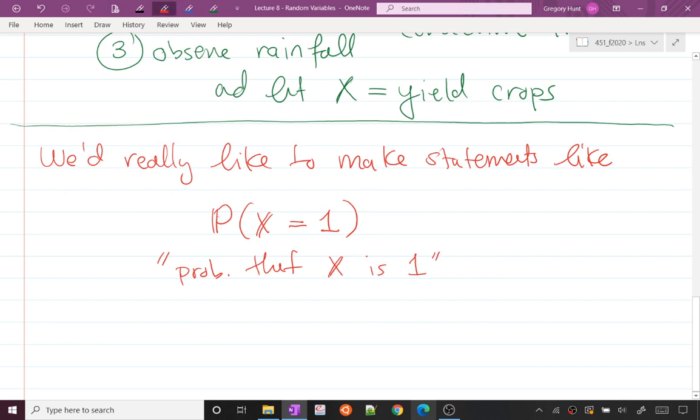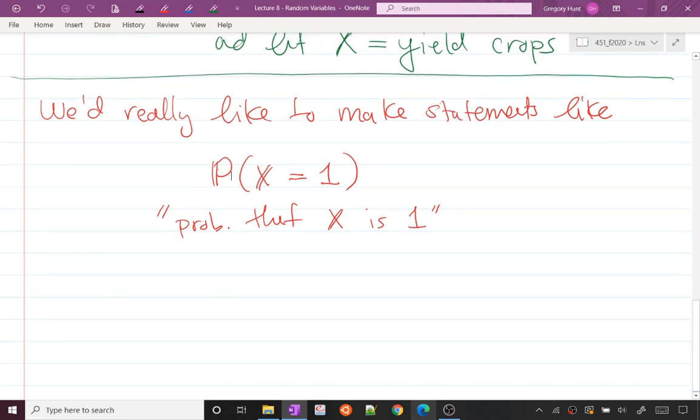We'd like to write P of x is equal to 1, as if x is equal to 1 were an event. It's a very natural thing to say. Well, if x is the number of heads, what's the probability the number of heads is 1? We want to make that rigorous, of course.